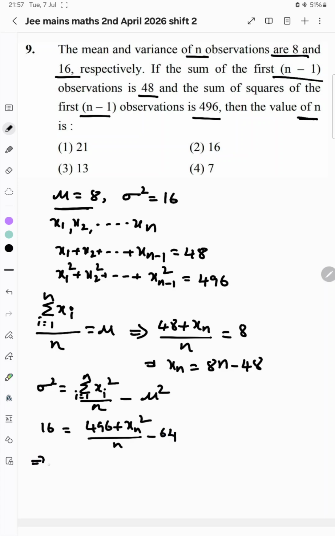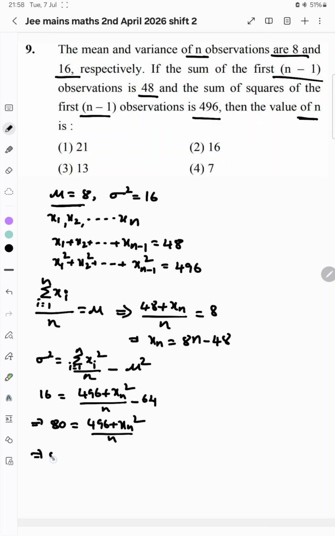Let's simplify this. Bringing 64 to the left side, it becomes 80 in total, 64 plus 16. After cross multiplication, 80n is equal to 496 plus xn square. Xn we already have as 8n minus 48, so we write 8n minus 48 whole square. Let's simplify this and we'll get the value of n.